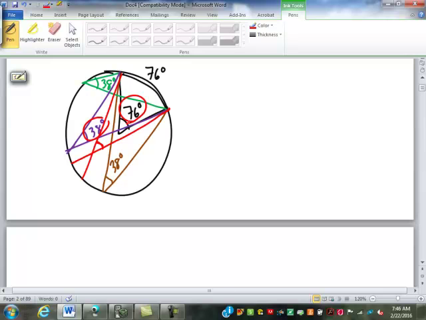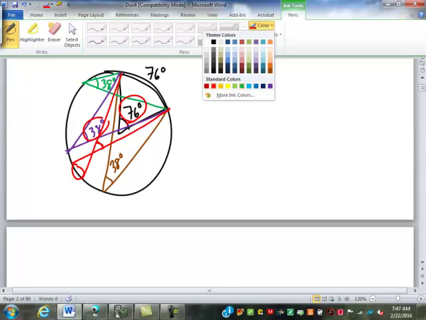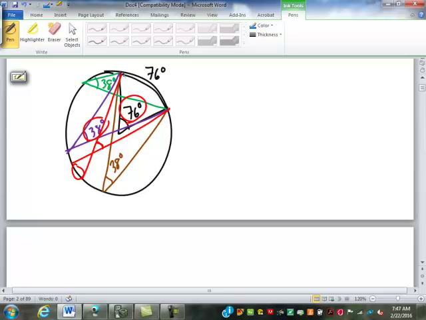The question is how much smaller than 76 or how much larger than 38. That depends on this arc here, and we're going to learn that rule later on. How's about this angle out here? Less than 38 because it's further away. It's got to be narrower. Very good.